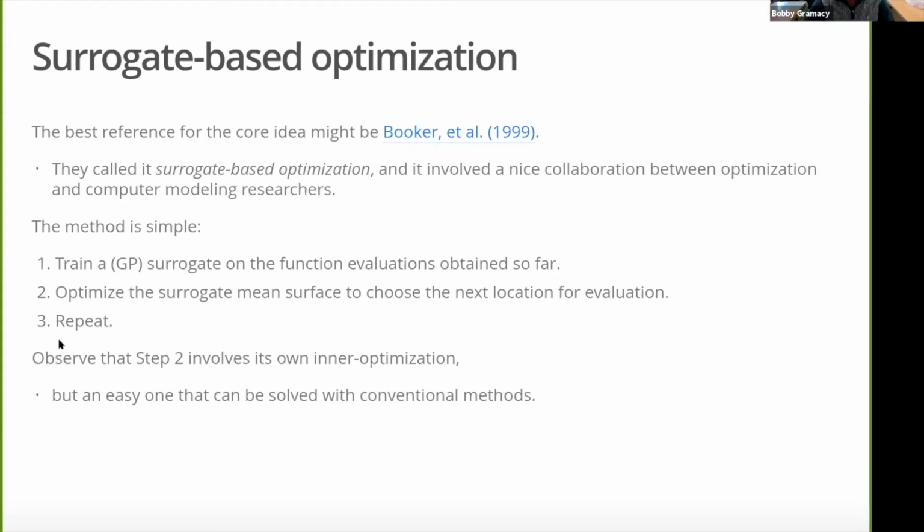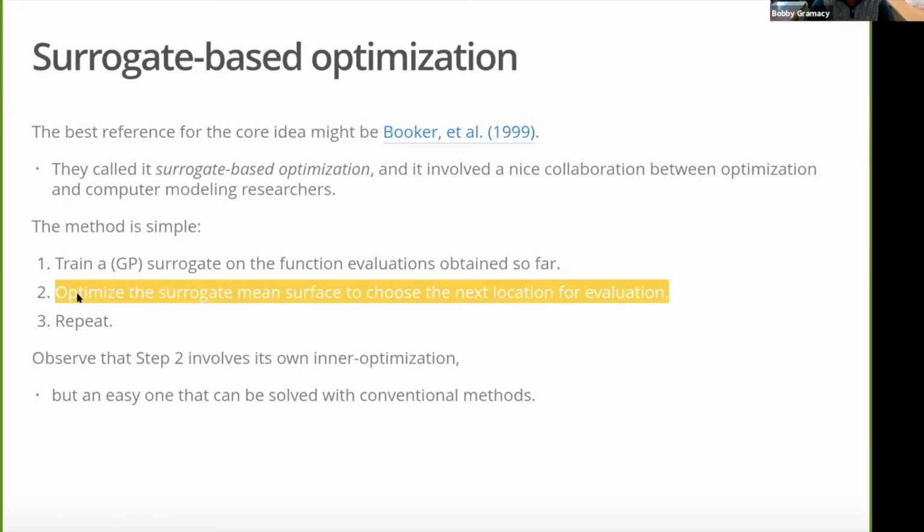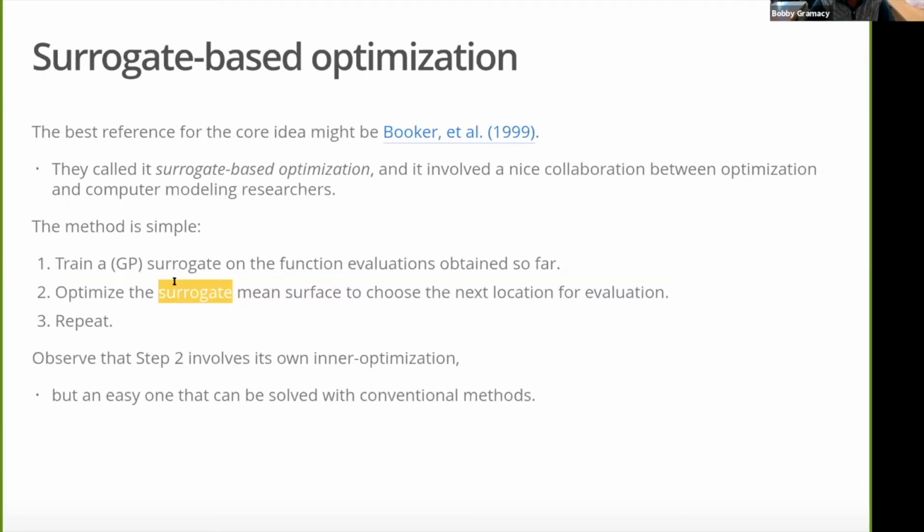So what you do is, instead of optimizing the function, you optimize the surrogate. You move the problem, right? The problem is you want to find the optimum of the function, but the function is expensive to evaluate. So you evaluate it and fit a model and optimize that instead. This is where the word surrogate comes from. You're using the model fit as a surrogate for the real thing.